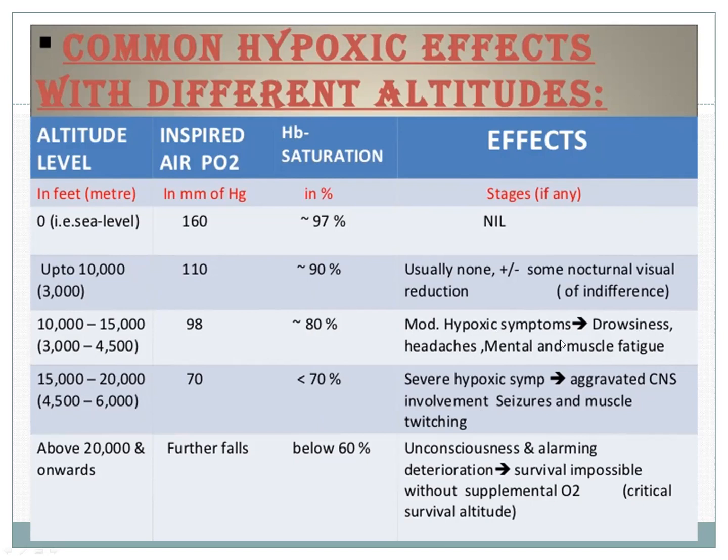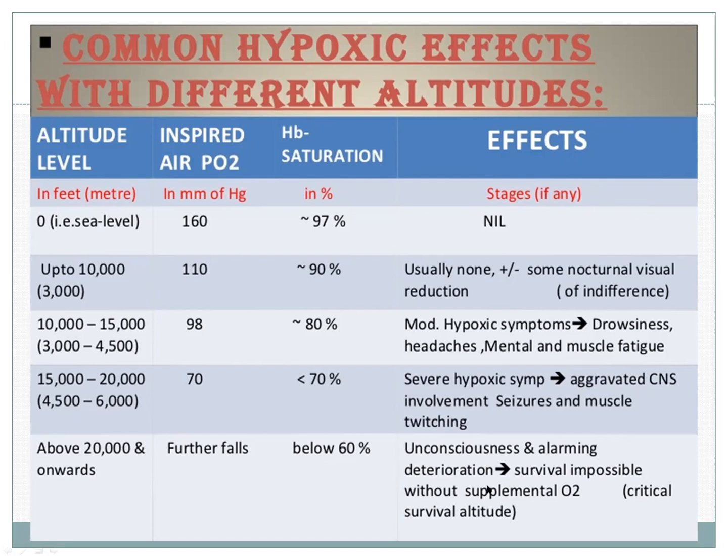So here these things will be warning signs, and with these warning signs, there will be CNS involvement causing seizures and muscle twitching. Above 20,000 feet, a further fall in the pressure occurs and the saturation goes below 60%, causing the person unconsciousness.